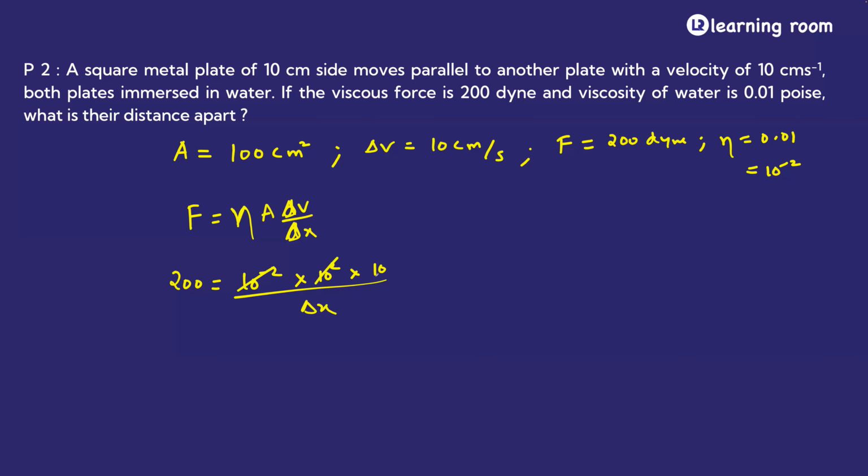So this will get cancelled. So delta X will be equal to 1 by 20 centimeter, so 0.05 centimeter. I hope it's clear.